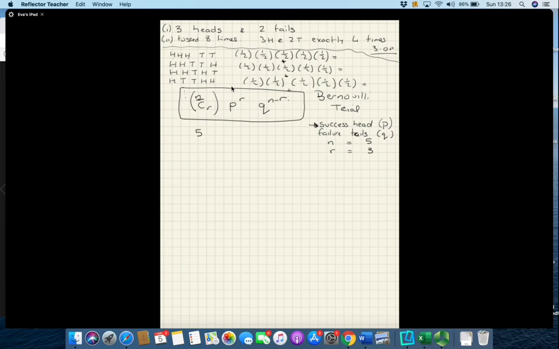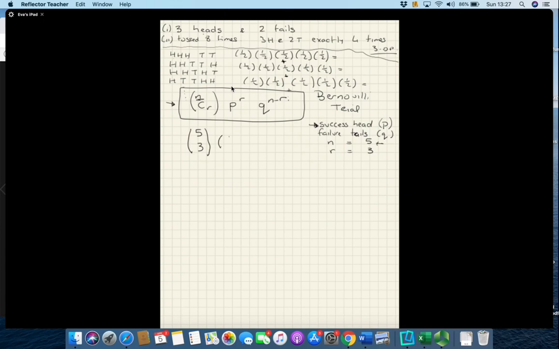Okay, so that's all the letters down the side, and that's the formula. You won't be too surprised to know that I don't really go by the formula. I do use it, but it's more of a story that I tell to help myself remember it. So what I say is, out of the 5 trials, I would like 3 heads. I have deemed that heads is successful.